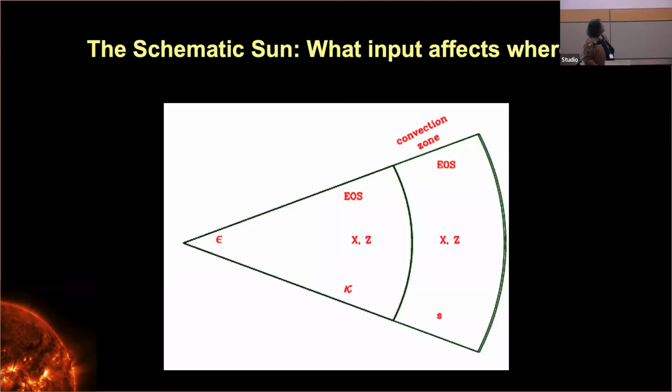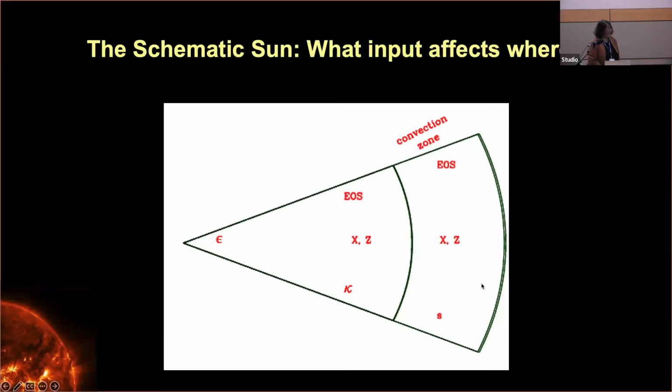So just to give you an idea, think of this as a slice of the sun. The core is right here. That is mainly determined by the nuclear energy generation rates, okay? The outer 30% is the convection zone, which is determined mainly by the equation of state.